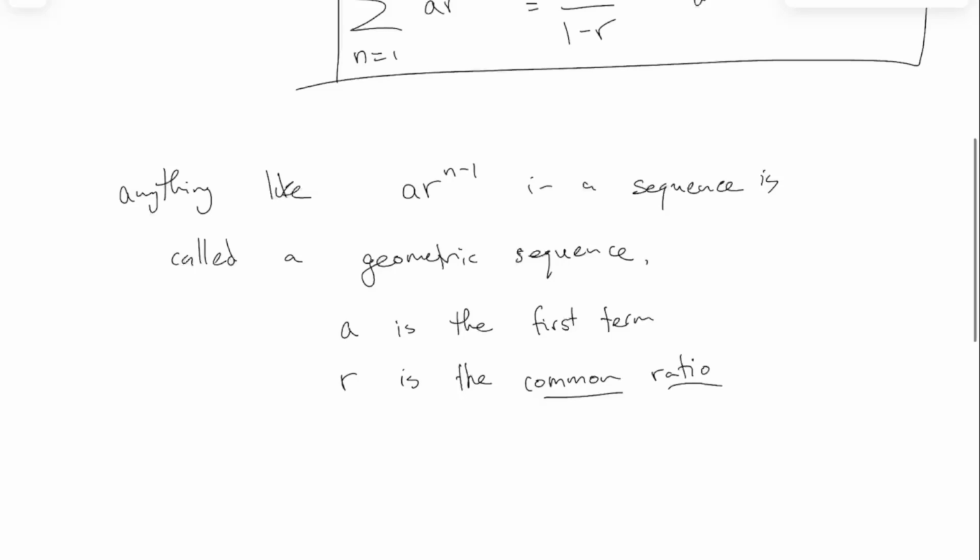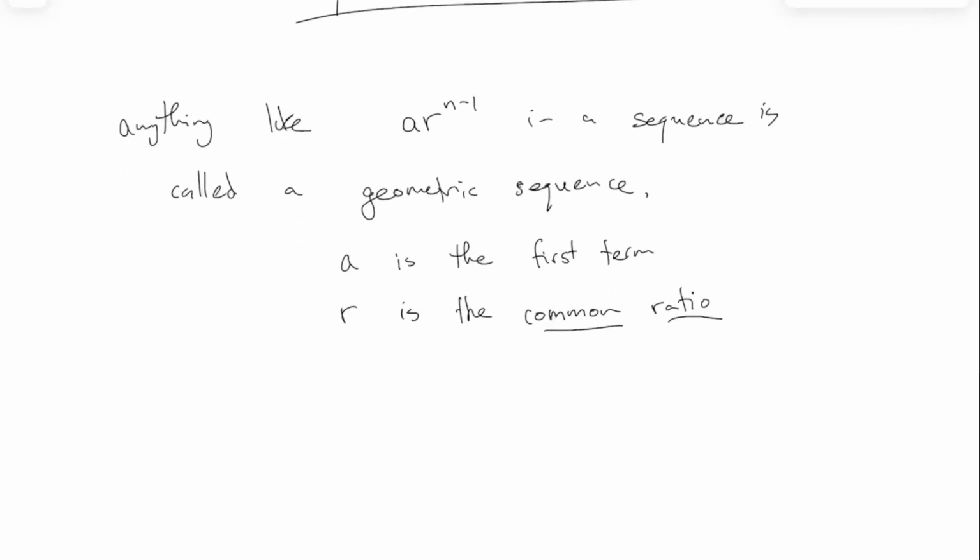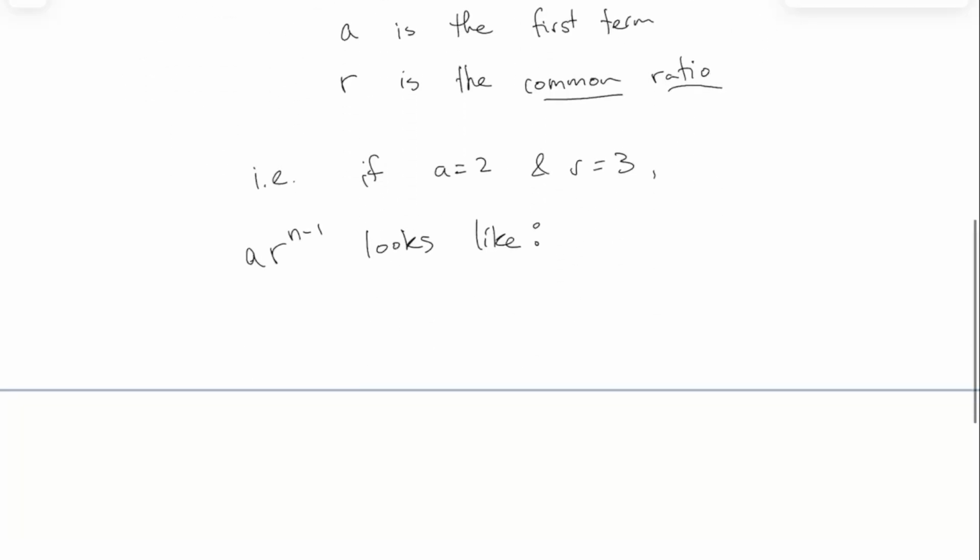For example, if a equals 2 and r equals 3, what does it look like? Then a times r to the n minus 1, if I were to write out the terms of this sequence, the first term is a r to the 0, then a r to the 1, a r squared, etc., starting from n equals 1 as we always do.